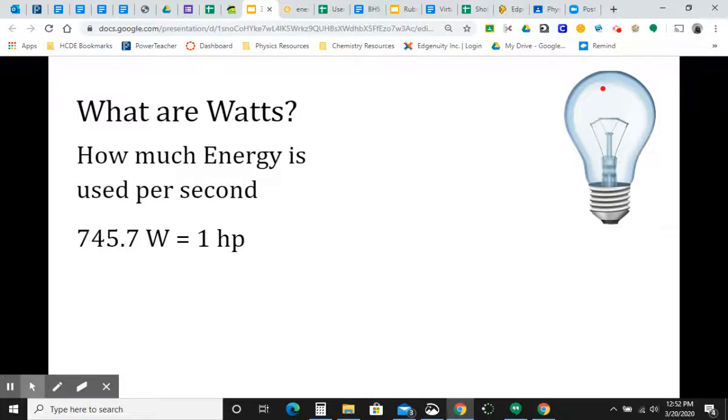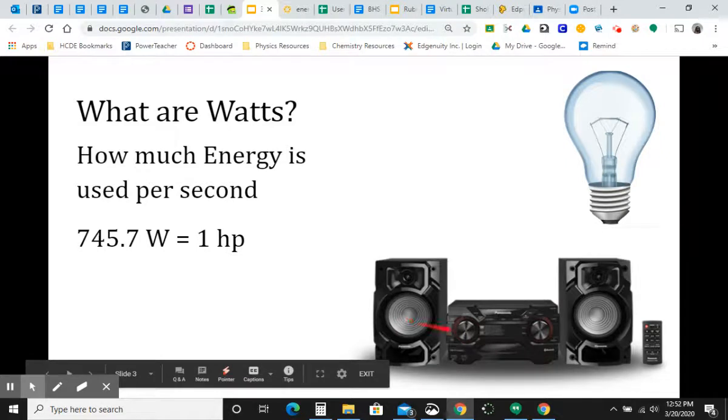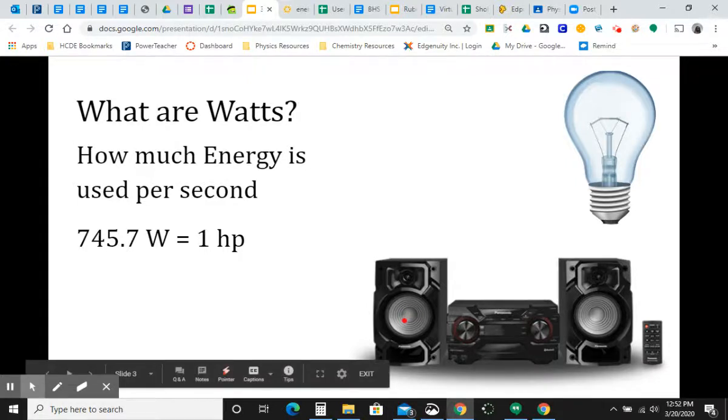And the higher the number, the more energy it's using. Another place you might see it is in a speaker system. Again, the higher the number, the more electrical energy that stereo system can convert to sound. So the bigger the number, the more powerful or the louder those speakers are going to be.